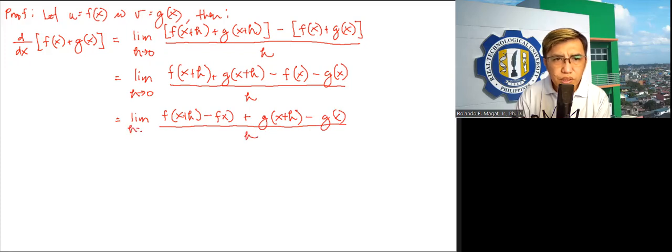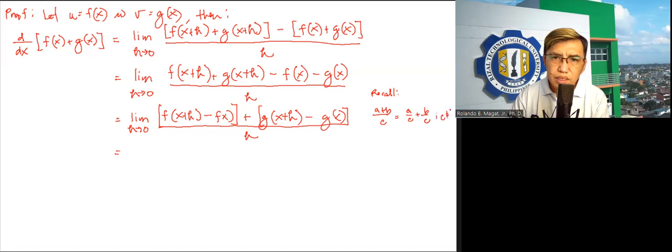As h approaches 0, since this one is a fraction, recall that I have to put a grouping symbol so that we can separate the terms. Since the numerator is a binomial and we have a monomial denominator, then we can separate it. Recall that whenever we have a plus b all over c, then it is a all over c plus b all over c, provided that c is not equal to 0.